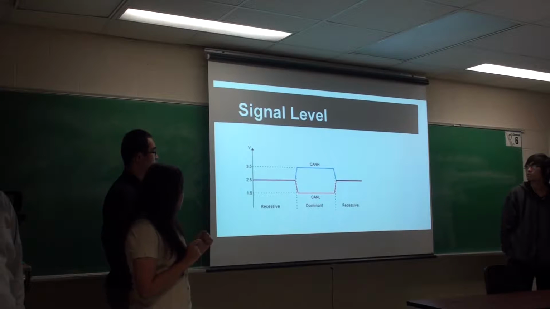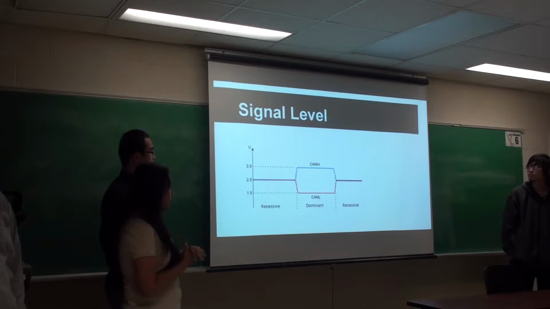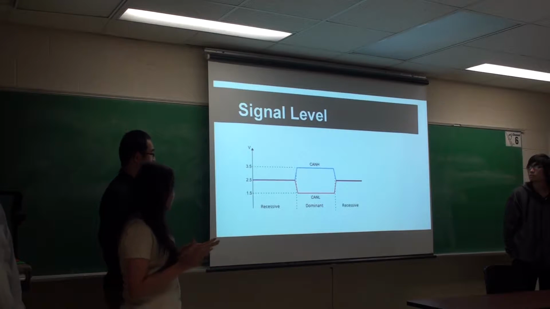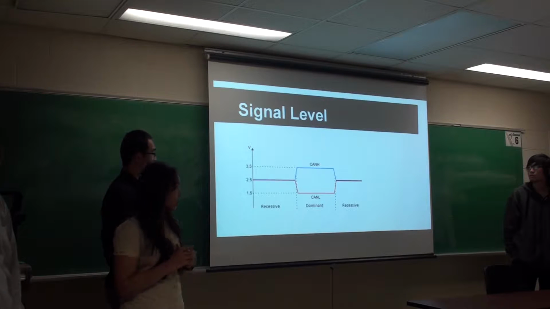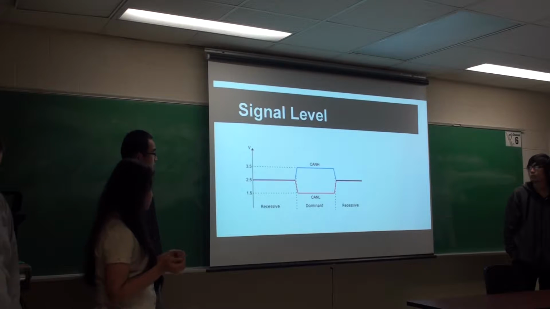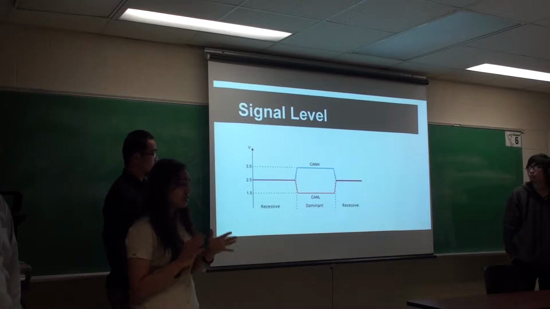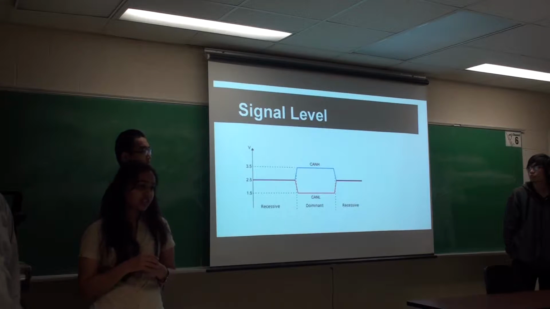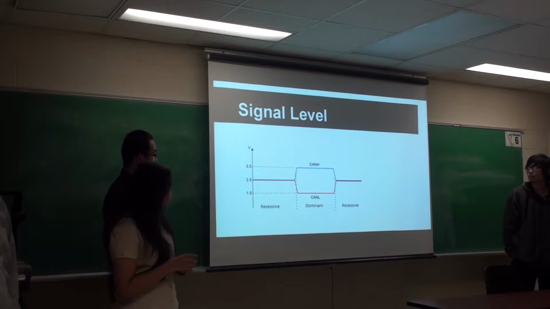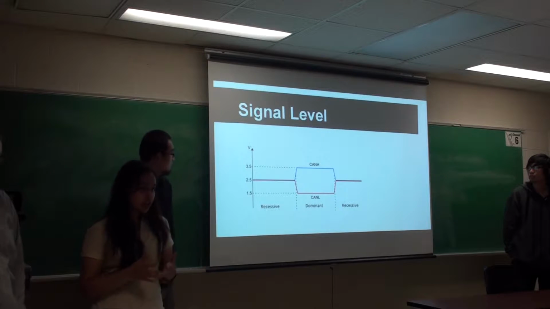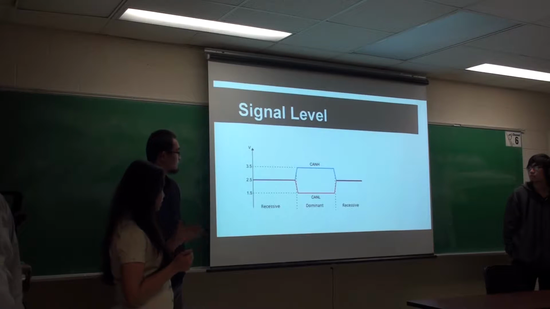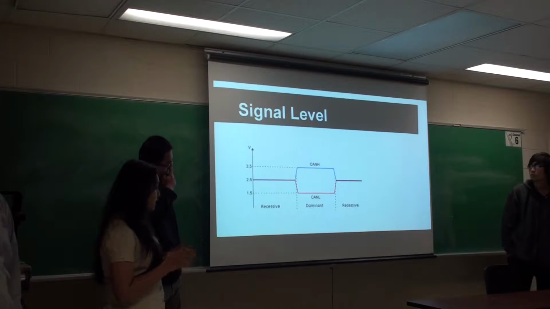When the bus is in the dominant state, CAN high is pulled up to 3.5 volts, and CAN low is pulled down to 1.5 volts. So both CAN high and CAN low are driven in the dominant state. In the recessive state, CAN high and CAN low are not driven, and the bus floats at a midpoint value of 2.5 volts.